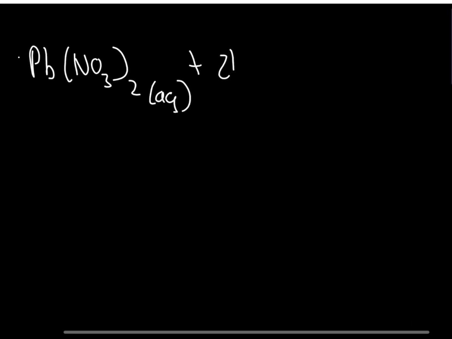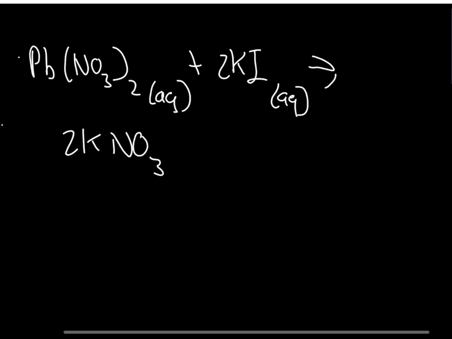And I just wanted to explain one more thing. If we have aqueous and then we have another aqueous, and when this reacts, it makes two aqueous, so we have two aqueous. This is supposed to be a solid, right?